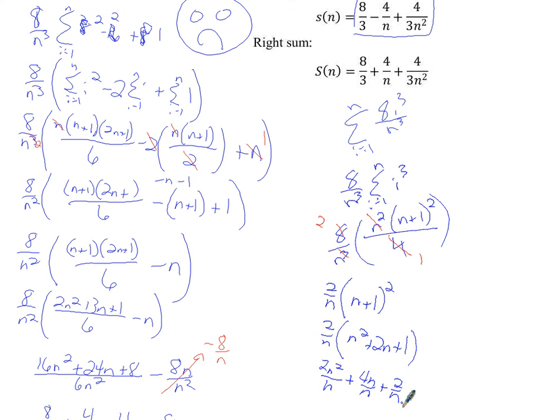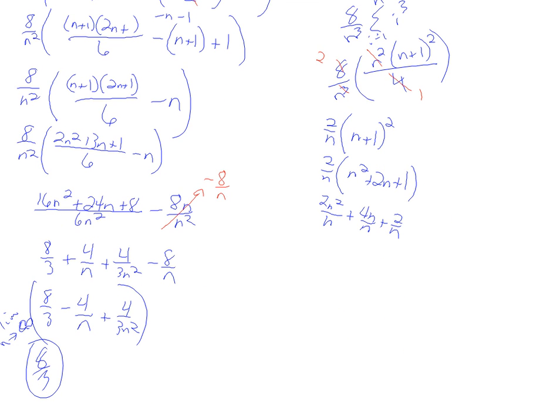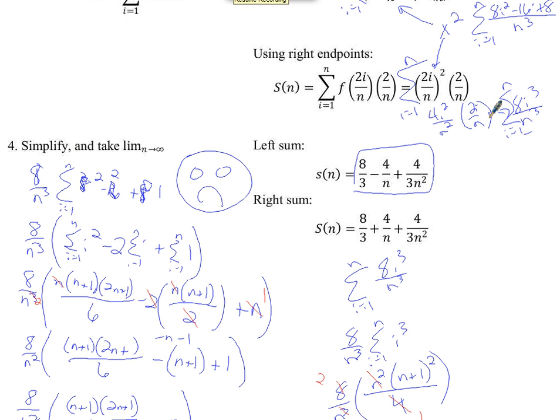Now what? Reduce. This becomes 2n. Yeah, I think we did something wrong. Let me check it. Yeah, the mistake is right here. That's a 2, not a 2i. So this should just be squared.